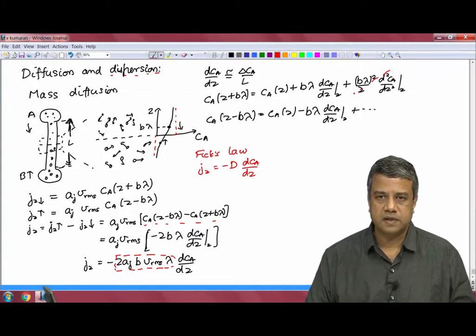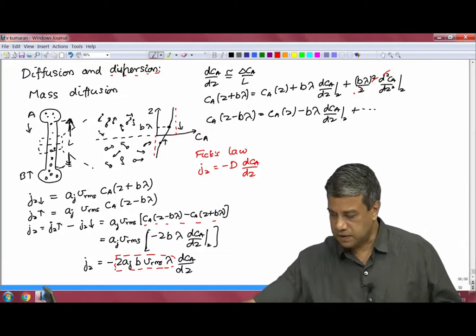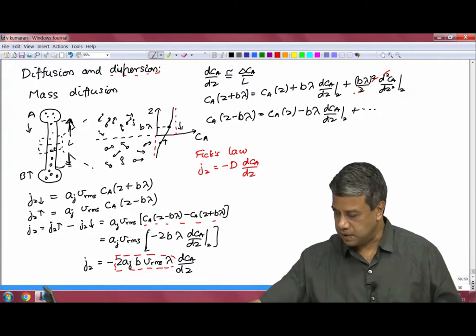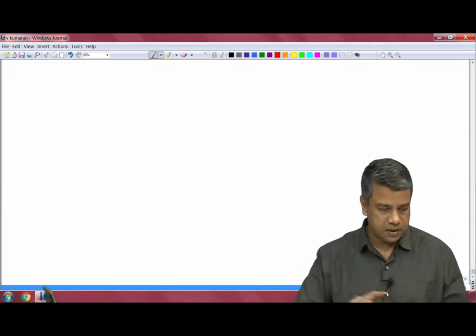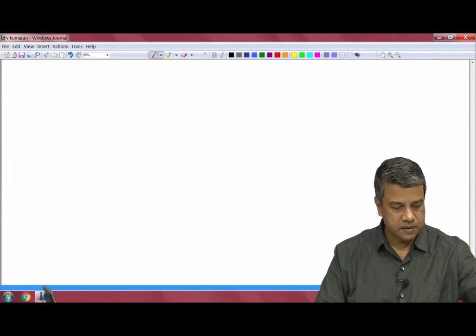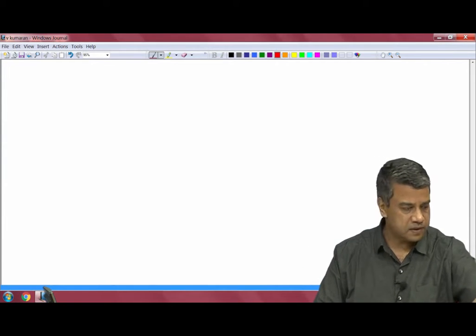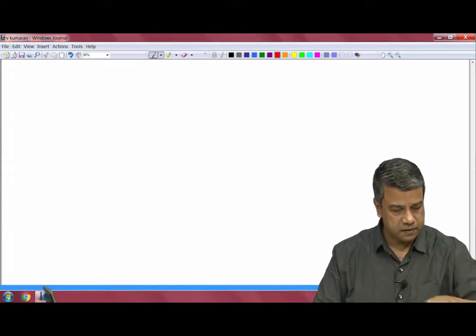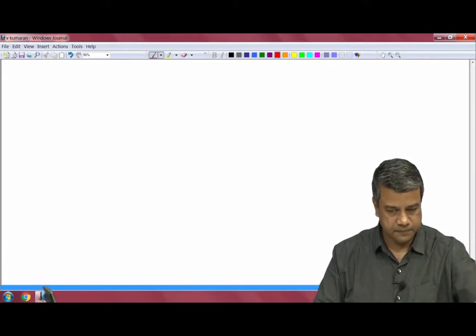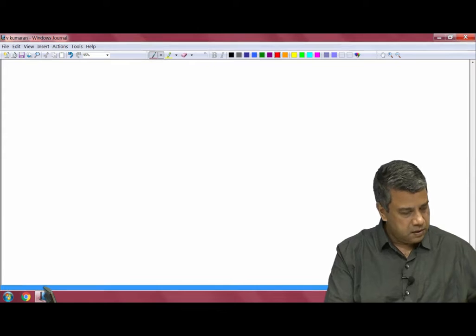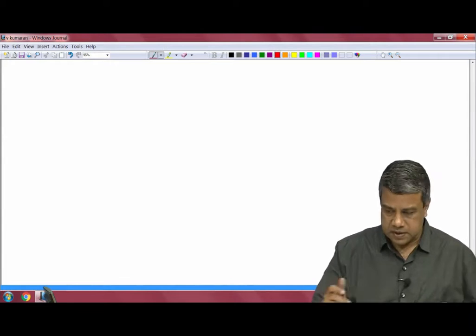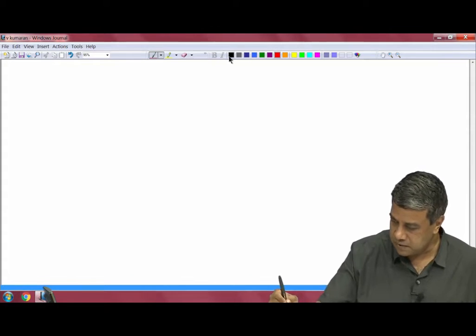The diffusion coefficient is proportional to the product of the root mean square fluctuating velocity and the mean free path. So, let us see if we can estimate the root mean square fluctuating velocity and the mean free path for this diffusion problem. First, the root mean square fluctuating velocity.